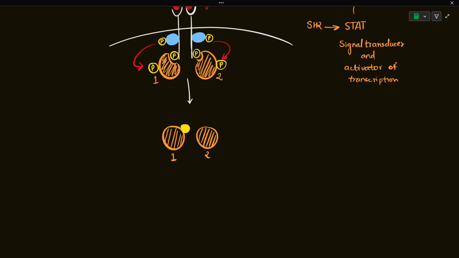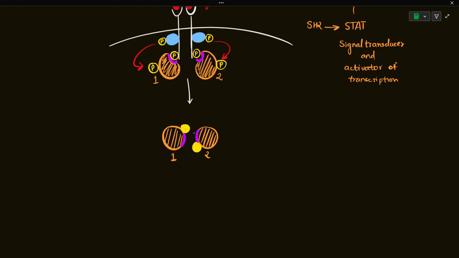Both of them have a free SH2 domain. Let's assume that this is the SH2 domain. I'm going to denote it with a different color, violet color. So let's assume that both of these are the SH2 domains, which resulted in binding of the STAT to the phosphotyrosine residues of the receptor. Now those SH2 domains are free.